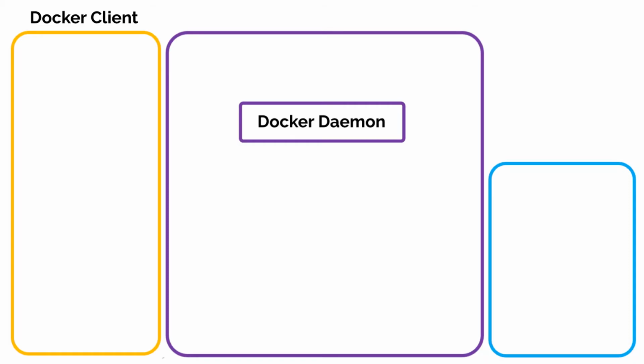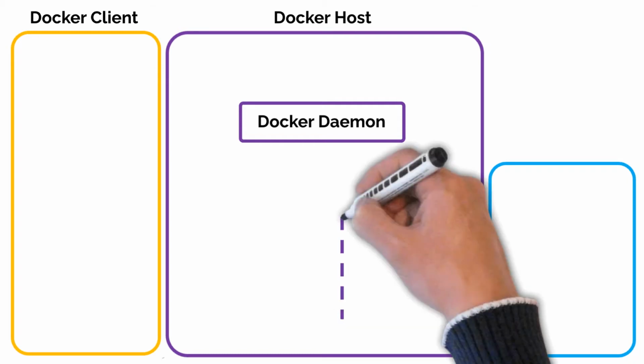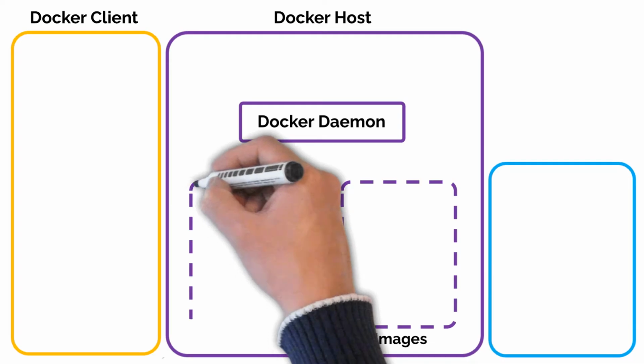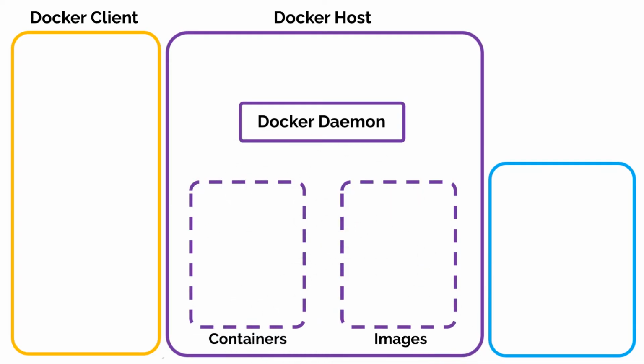At the heart of the setup, we have the Docker host, which runs the Docker daemon. Inside the Docker host, under the control of the Docker daemon, there are two key components: container images and containers. The daemon is responsible for managing these containers, images, and other Docker resources. It also provides an API that allows the Docker client to communicate with it.